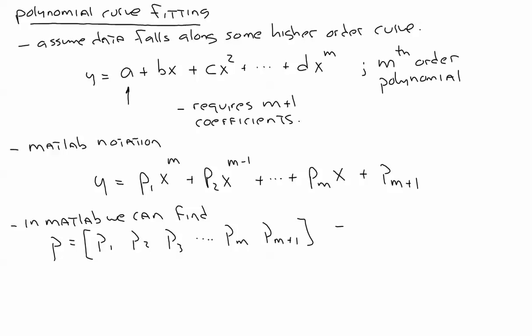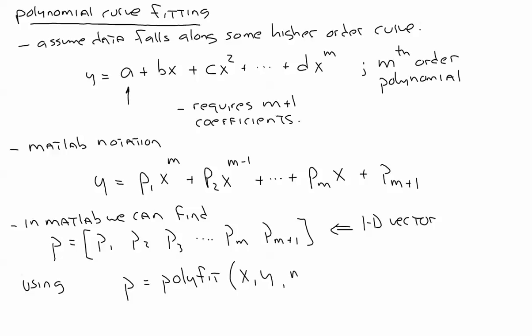This is a one-dimensional vector. We can find that one-dimensional vector using the polyfit function: P equals polyfit(x, y, m).